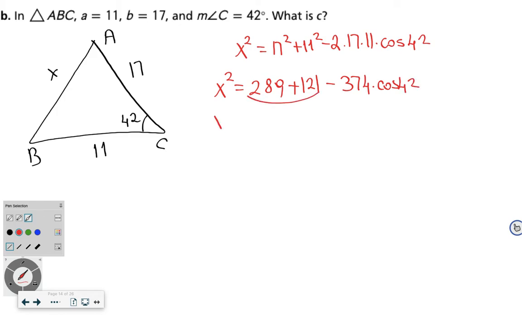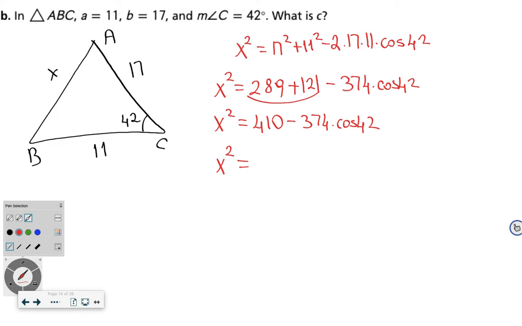If we add them up, x squared will be equal to 289 plus 121 will be equal to 410 minus 374 times cosine 42. Now, be careful, ladies and gentlemen, you cannot subtract 374 from 410. That's why you are going to set it up, all this information into the calculator. You can use your graphing calculator.